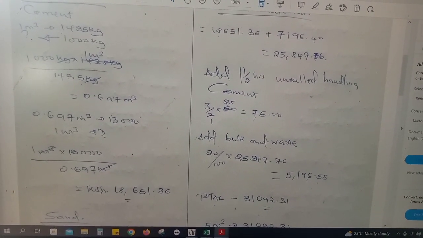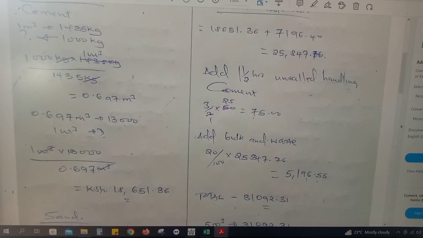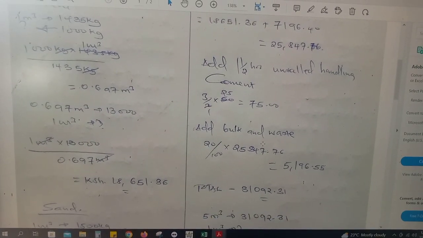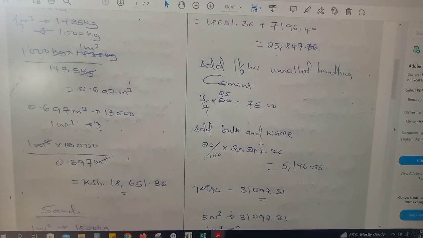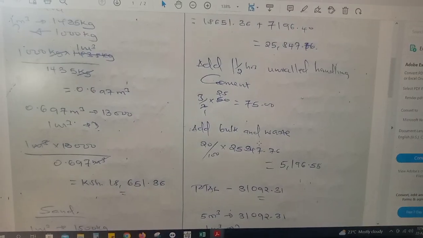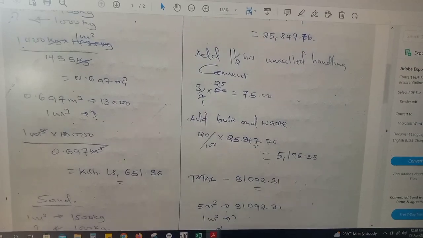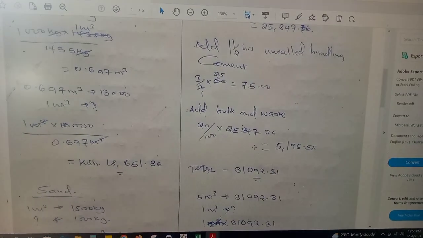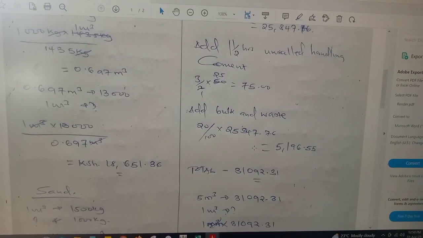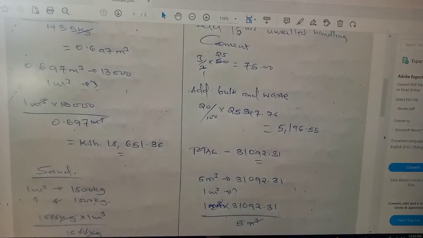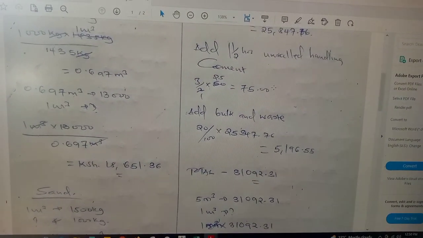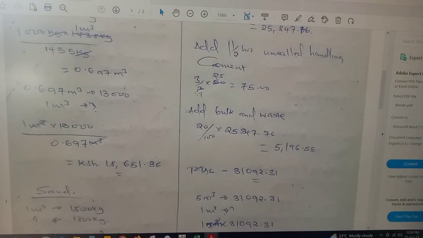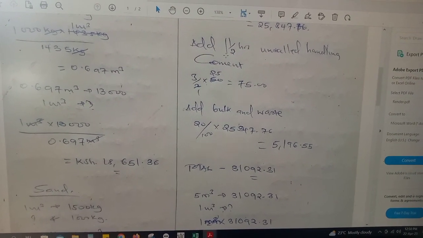Then you add some allowances that you have to add. You add 1.5 hours unskilled handling cement, the cement that will be used on site. The unskilled need to remove them from the lorry or the vehicle that has brought them to the site to the storage point. So you'll give that allowance of hours for handling cement, which unskilled is paid 50 shillings. Then you just take that 50, you multiply by 3/2, which is 1.5 hours.